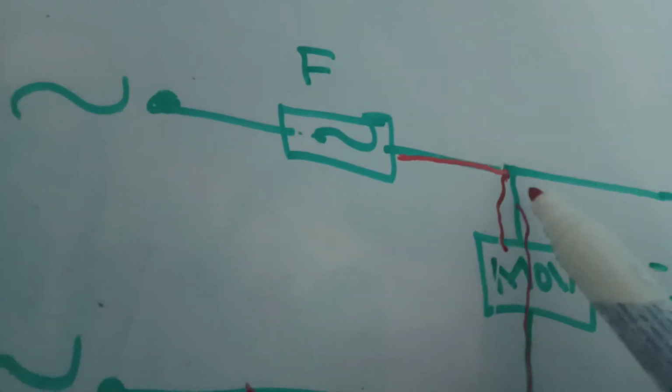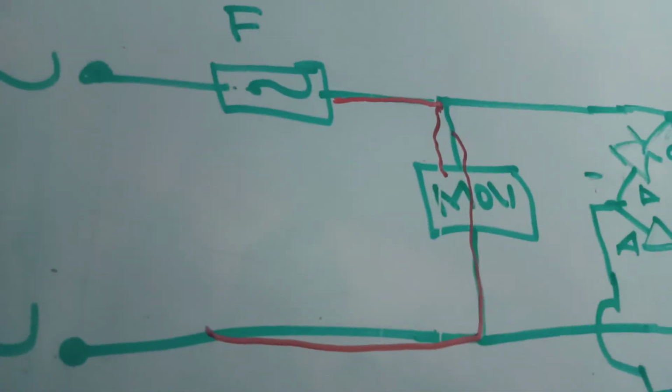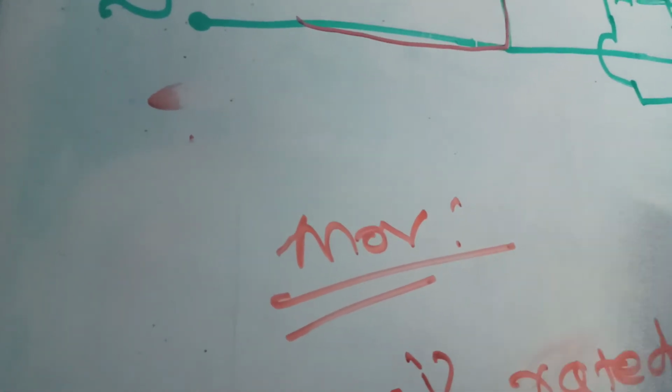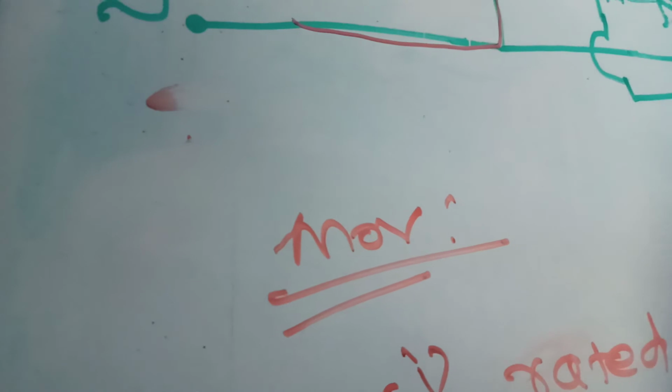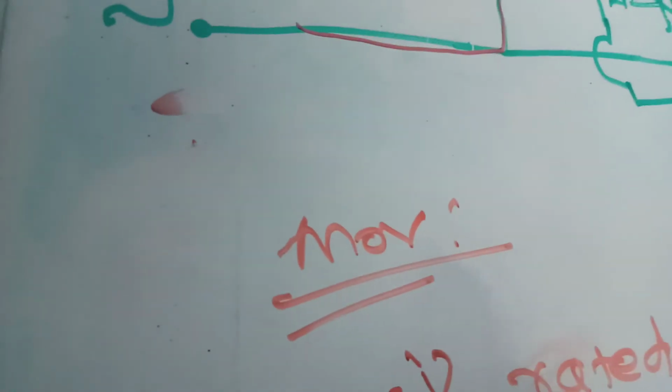Before we go to the MOV, we have some parameters: the continuous voltage or rated voltage. Next one is the surge current.